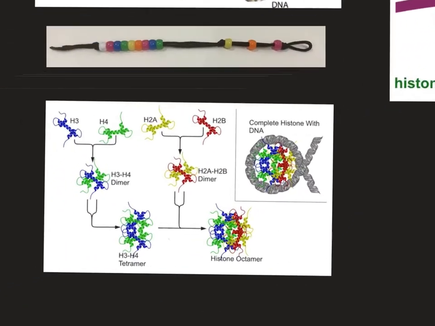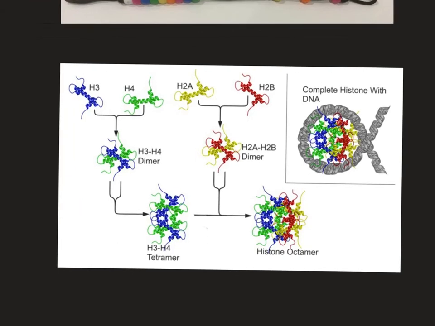Here is another diagram of a nucleosome. Although it looks more complicated, the idea remains the same. There are 2 of each of the 4 core histones to form a histone octamer, around which DNA is wound to create a nucleosome.